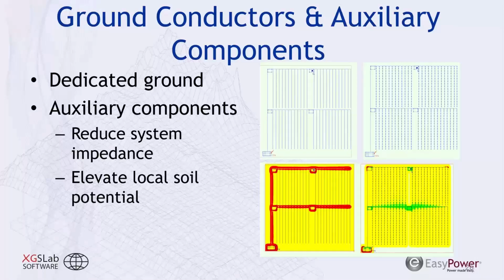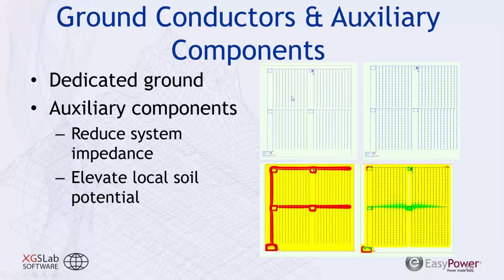And here we have what I'll call my comparison of a system where we've just modeled the ground conductor. So the dedicated ground conductor is represented leading out from our step-up drop-in substation. And then we can see around that conductor is an area of red, essentially indicating that we're exceeding both touch and step voltage criteria.